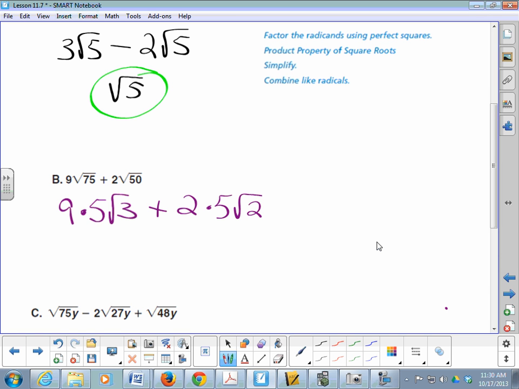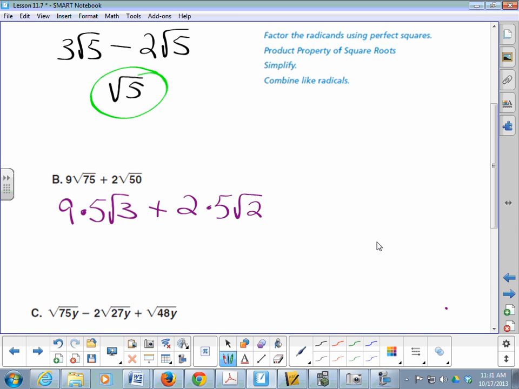Now, here's where mistakes are made. Don't make this mistake. This little dot I put here means what? Multiply. What happens is, and I don't want you to do this, but I know a couple of you will do this at some point in time.